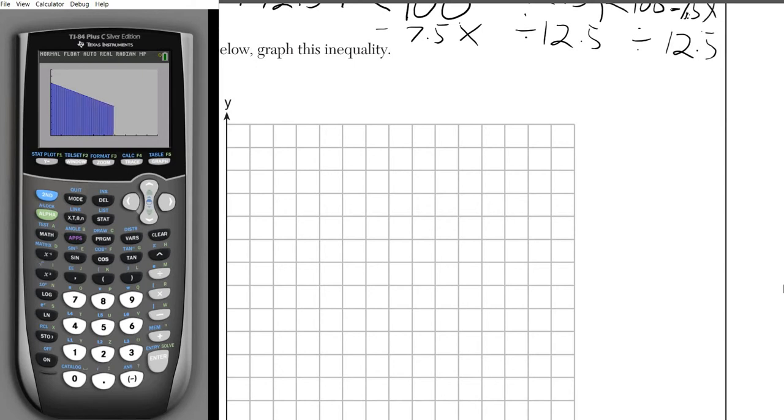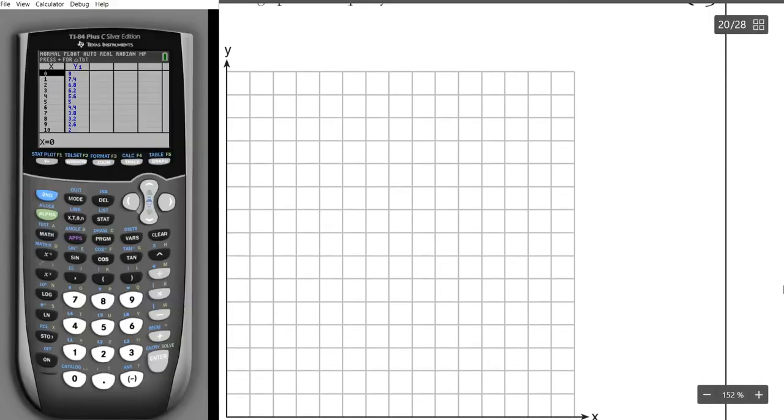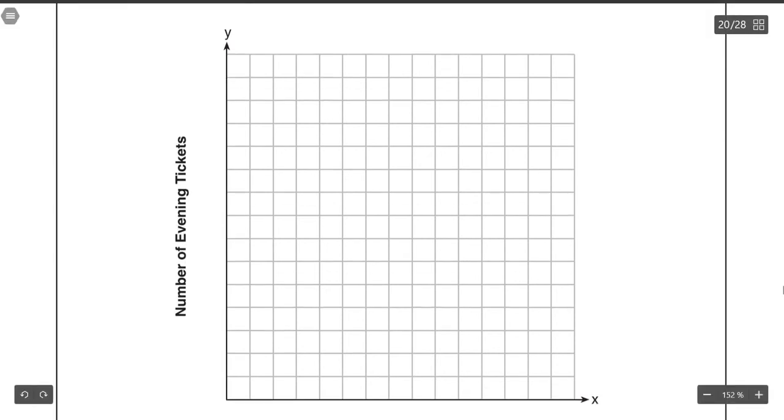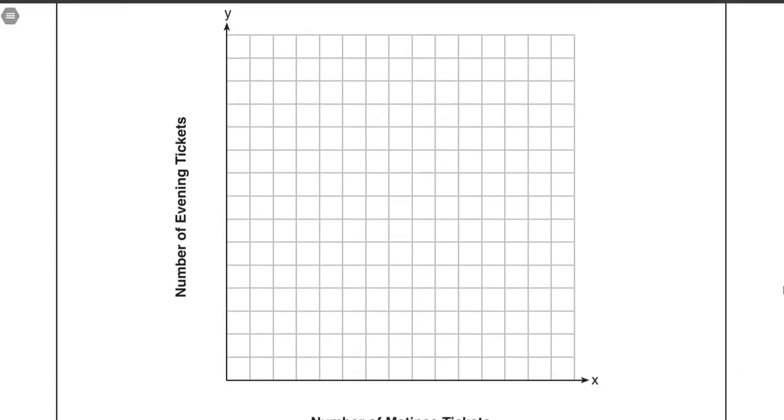Really, we don't need to do this. The main thing is the table, really. So the table tells us that when x is 0, y is 8. So I'm going to plot that point: 1, 2, 3, 4, 5, 6, 7, 8.